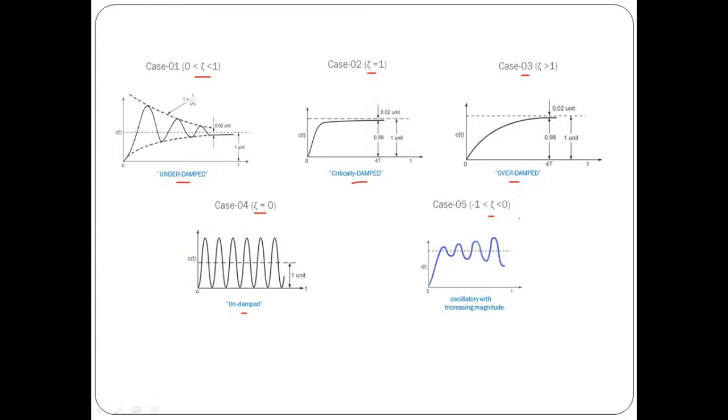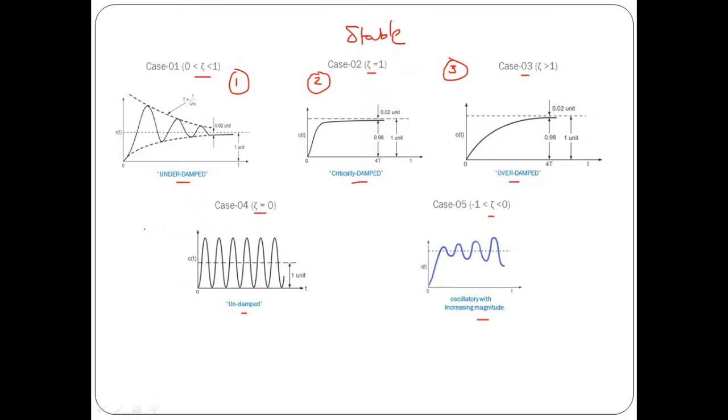And case 5, when zeta is less than 0, that means negative, the system is unstable. Response is oscillatory, or oscillations with increasing magnitude. This is very important. So case 1, case 2 and case 3, these are stable systems.